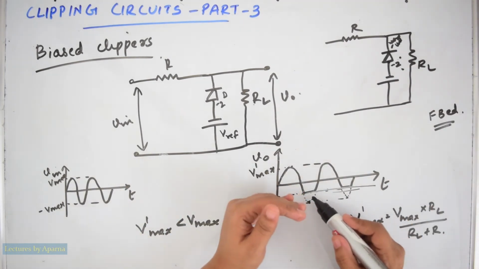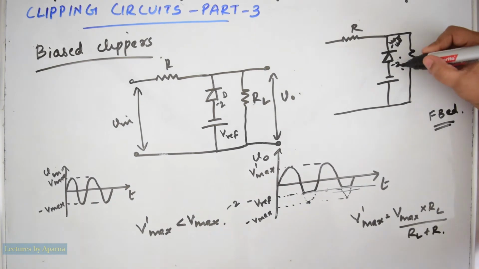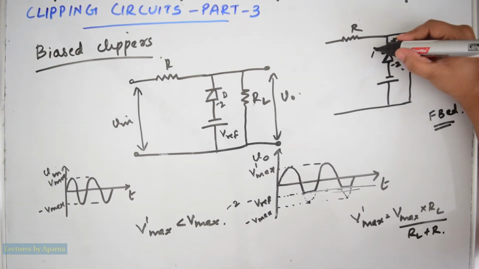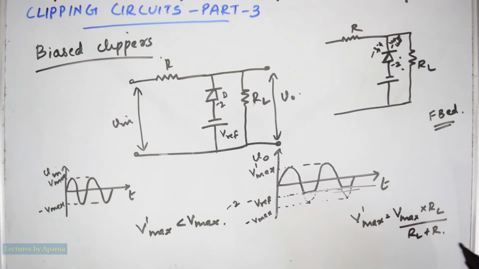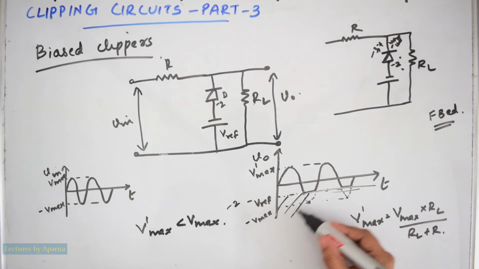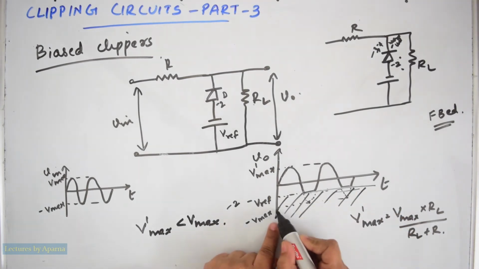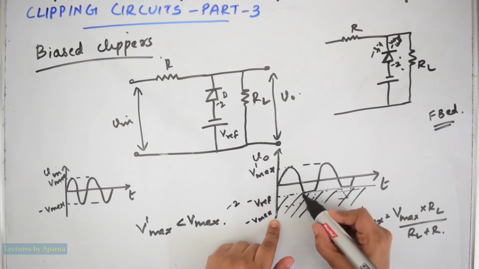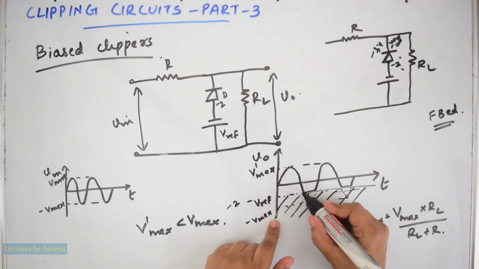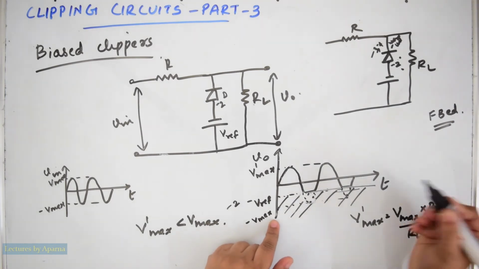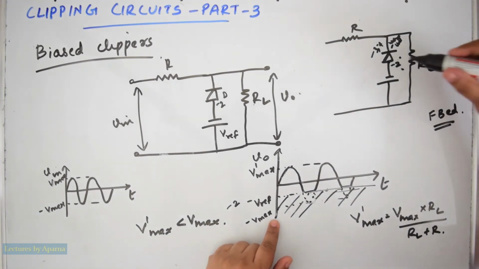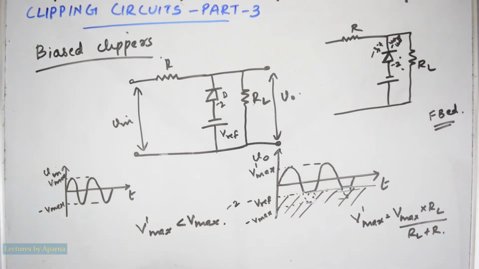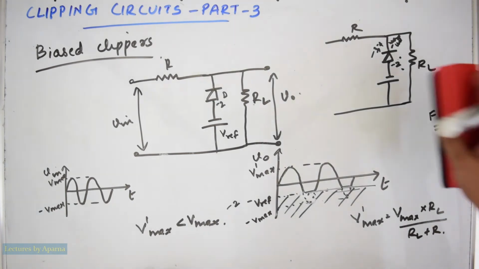But when a voltage is more negative than minus 2, that is say minus 3, minus 4, etc. So in this portion which is more negative voltage than minus 2, what happens? This diode will be forward biased. So let's see what happens in that case.